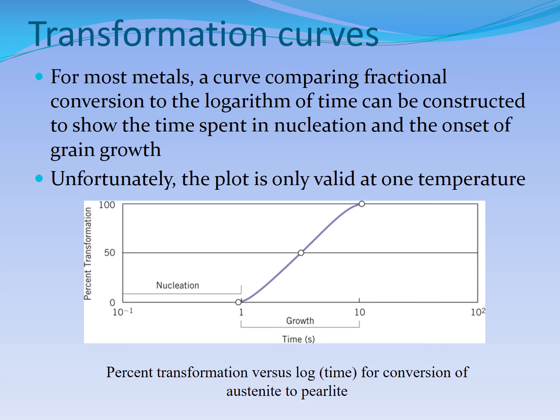And if you see here, this is about 5 seconds, 4 seconds. This is logarithmic, so you have to be careful. In about this time, 50% of austenite has converted to pearlite. By about 11 seconds, almost all austenite has converted to pearlite, right? So, transformation curve.